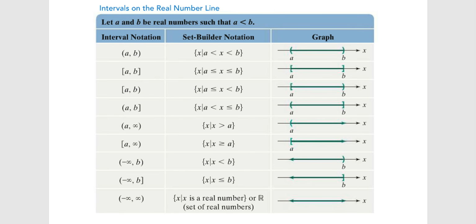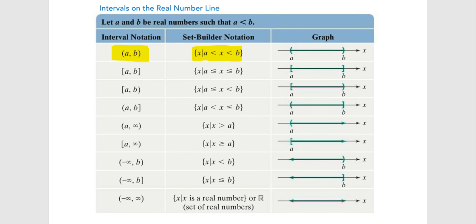Okay, so just taking a look maybe at these first two just to get an idea. If we have the interval a to b, so what that means, it's like on the number line, it's the interval from a to b, but it's not including a and it's not including b. In set builder notation, it would be the set of all x's such that x is between a and b.